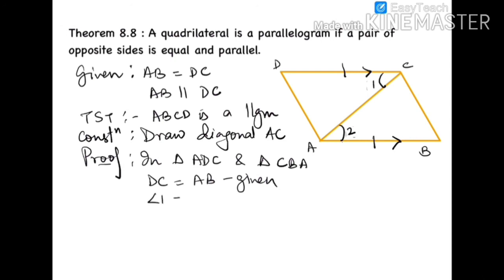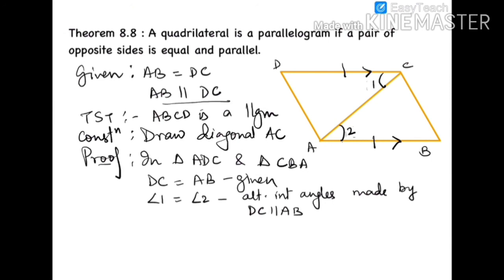So we have angle 1 equal to 2 as they are alternate interior angles made by DC parallel to AB, which is given in the question, cut by transversal AC. And AC is a common side in both these triangles.